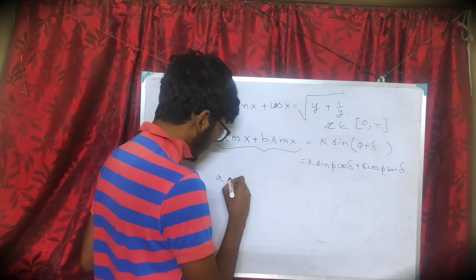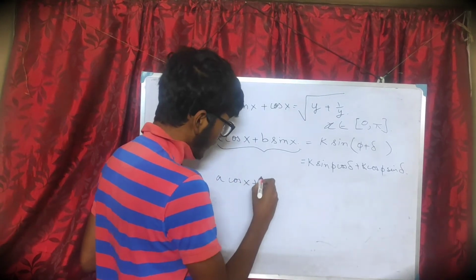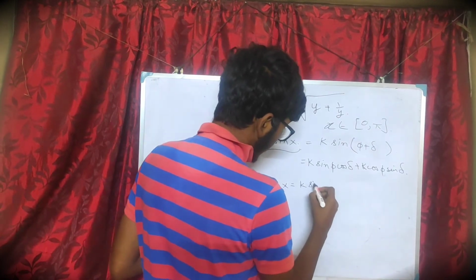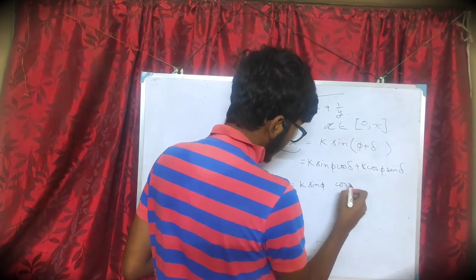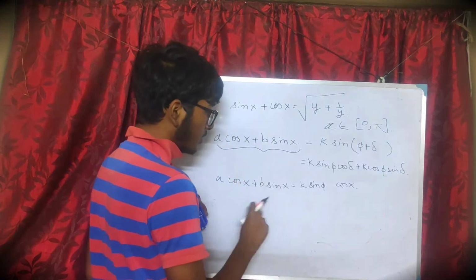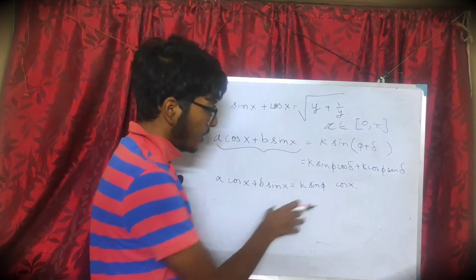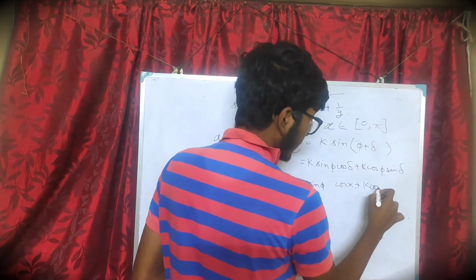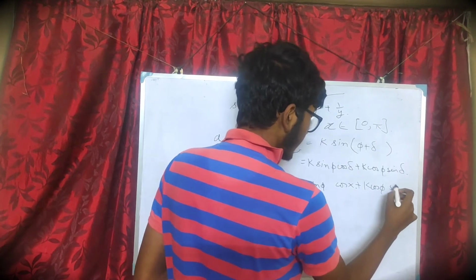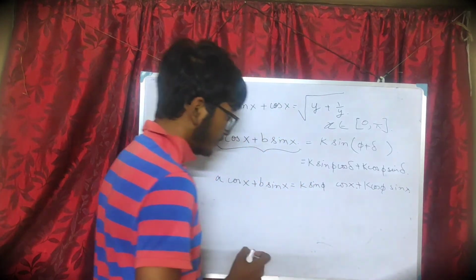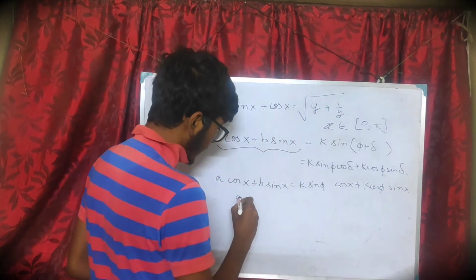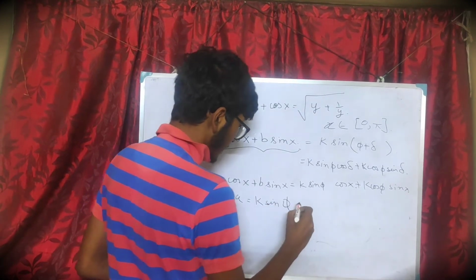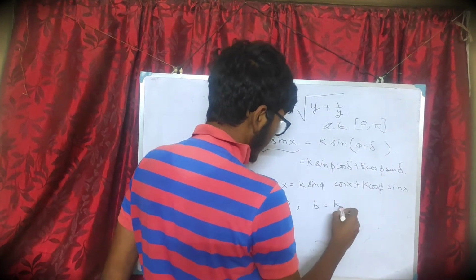Now k sin phi cos delta could be anything, so it could possibly be a, and I am trying to compare these two equations so that I could get something out of it. So as we see, a would be k sin phi cos delta and b would essentially be k cos phi sin delta.